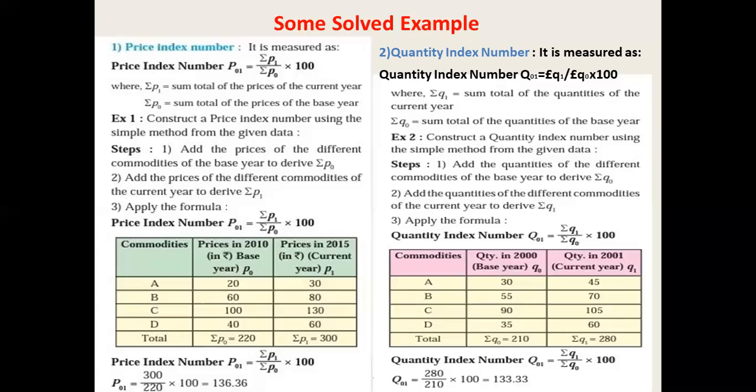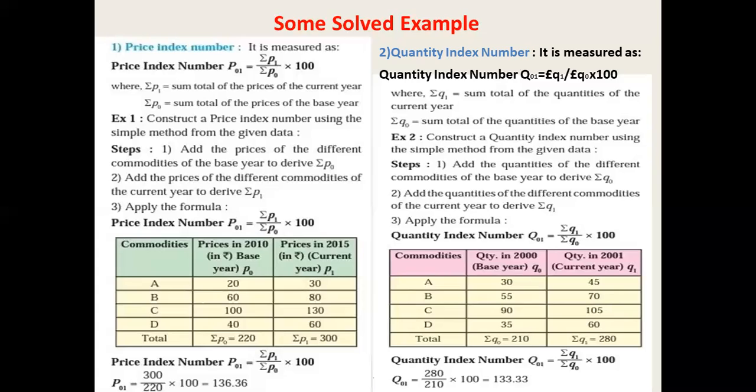For B, base year quantity is 55 and current year is 70. For C, base year quantity is 90 and current year is 105. For the last commodity D, base year quantity is 35 and current year quantity is 60.